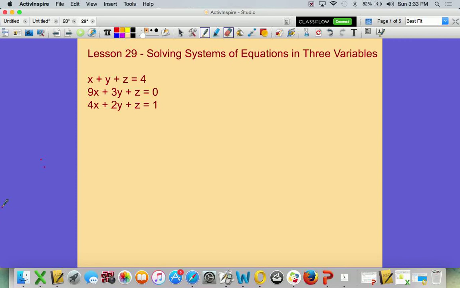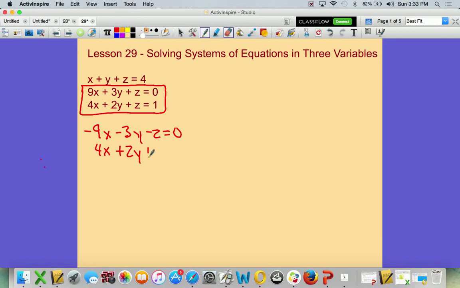The first thing you want to do when you do elimination is pick any two equations and eliminate one of the variables. So I'm going to pick these two equations, and I'm going to run a negative through our top equation here, and then recopy the one below.